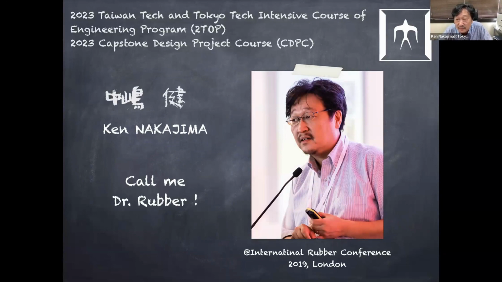It's a worldwide conference and several hundred people get together from all over the world, even from Thailand, Taiwan. Yeah, so then we discuss many different topics, but basically on rubbery materials.